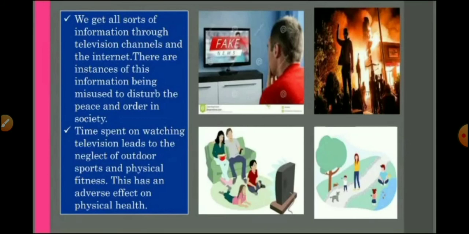We get all sorts of information through television channels and the internet. There are instances of this information being misused to disturb the peace and order in society.